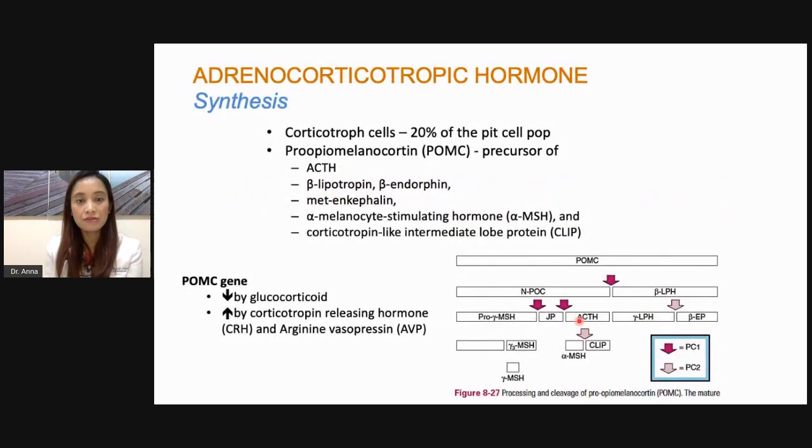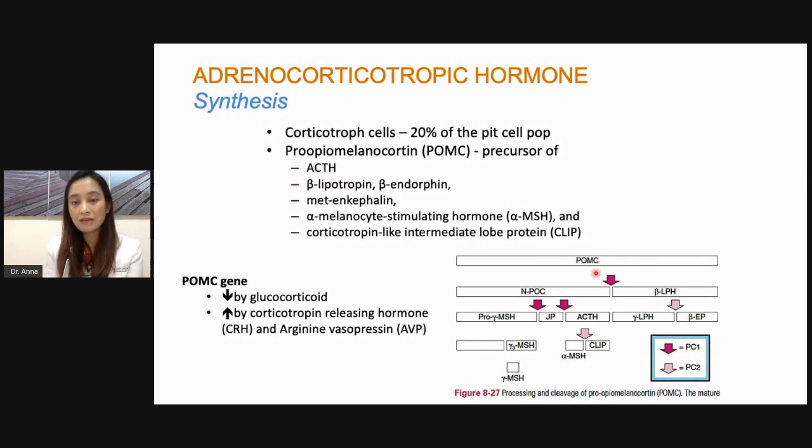Your adrenocorticotropic hormone, or ACTH, is synthesized from the corticotrope cells of your pituitary, and the major precursor molecule is pro-opiomelanocortin. Pro-opiomelanocortin is a large molecule that is cleaved into different portions, and one of those cleavage products is ACTH.